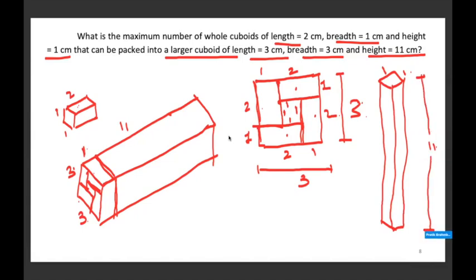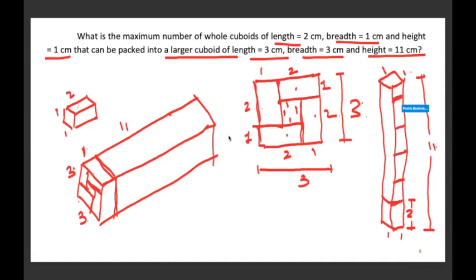How will you organize here? Because this is 1 by 1, I can organize vertically with this height being 2 centimeter. So how many such pieces? 1, 2, 3, 4, and 5.